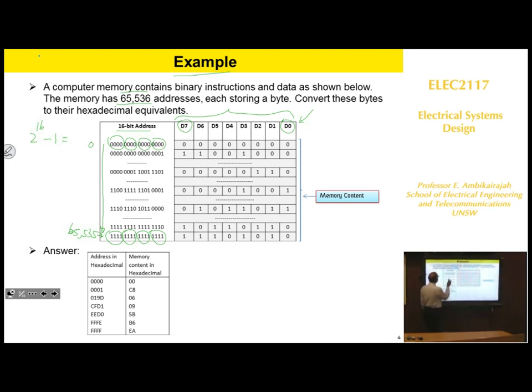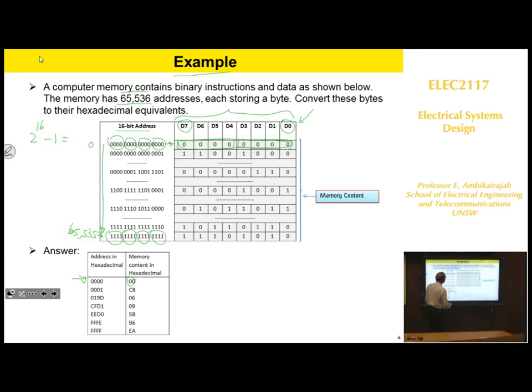If I look at the first location of the memory, it has all zeros. In hexadecimal form, I'll write the address as 0, 0, 0, 0, and the content is 0.